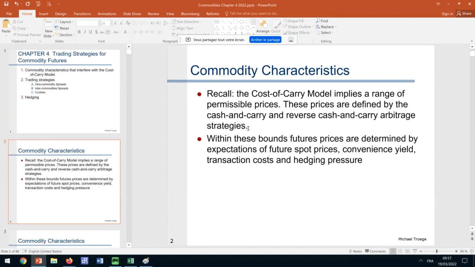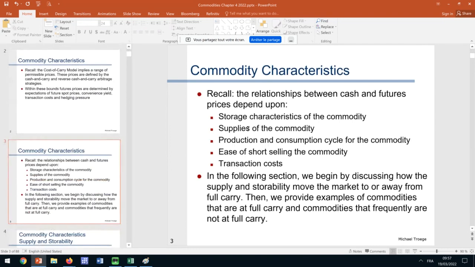But within these bounds, the future prices are determined by expectations of future spot prices, the convenience yield, and hedging pressure. Actually, transaction cost is more about the boundaries of these cash and carry restrictions rather than what happens inside.